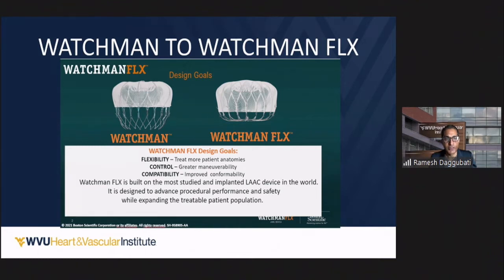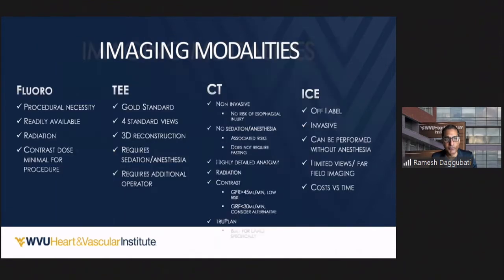The other ones, as mentioned by Carsten, are CATALYST with Amulet and the CHAMPION-AF trial with the WATCHMAN. Those are going to test NOACs versus WATCHMAN. Right now, all 500 patients that we have done are high bleeding risk patients.